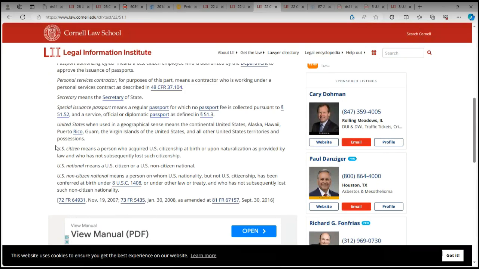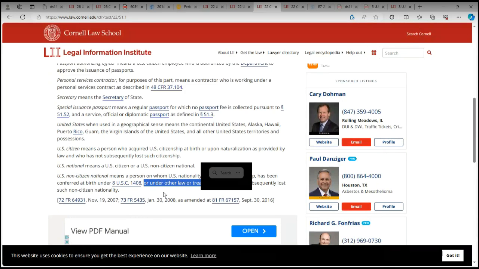If you're claiming you're not a U.S. citizen, then the only other person eligible for a passport is this one. That means you're saying that you're a national, that you have received nationality but not citizenship under Title 8, Section 1408, or under other law or treaty. There is no other law or treaty for a person who was born in a state of the Union.